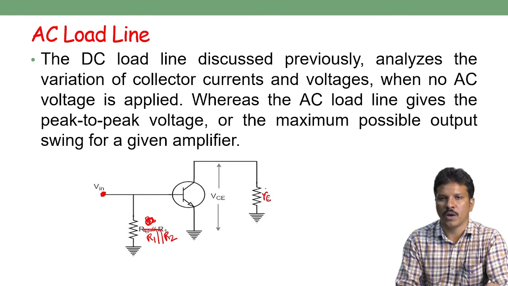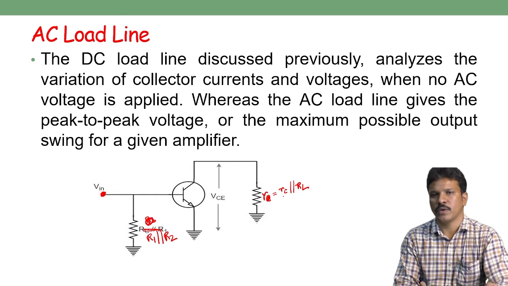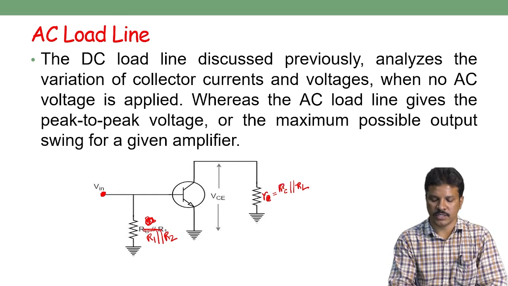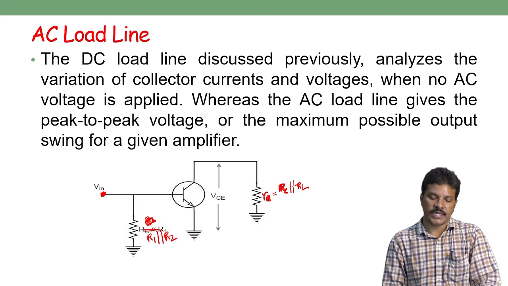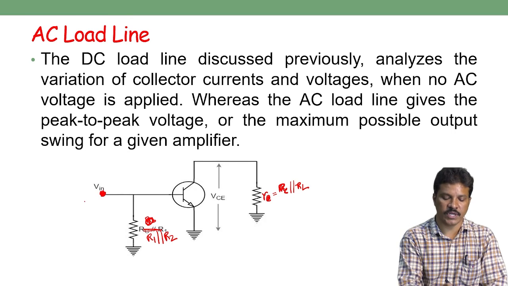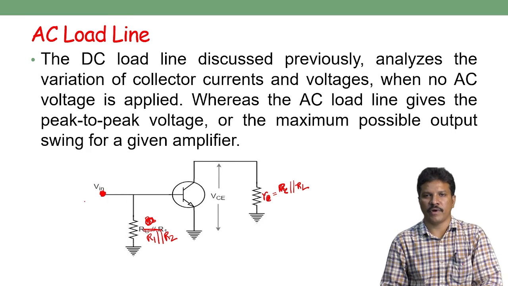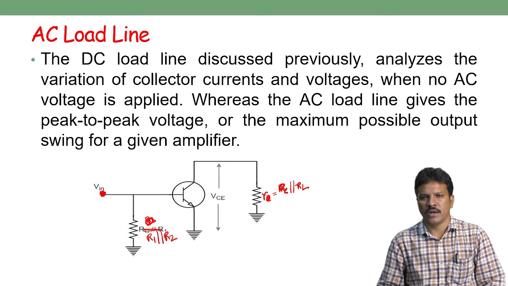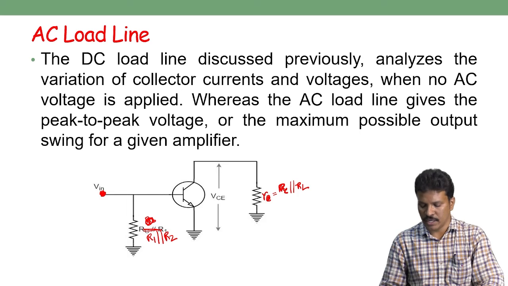Otherwise, if the output is connected to a load resistor, the total resistance is RC parallel RL. So by considering the resistors and batteries, we can consider the input signal, find the load line from the output using Kirchhoff's voltage law, and then draw the load line. We will get the AC load line.